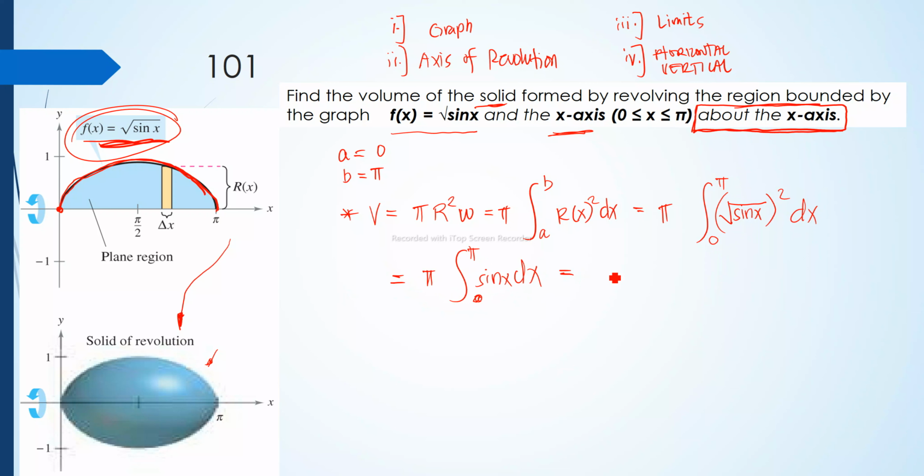Or we have pi times negative cosine x, evaluated from 0 to pi. So we will have pi times negative cosine pi minus negative cosine 0. Again, don't forget that we need to solve this in radians mode.